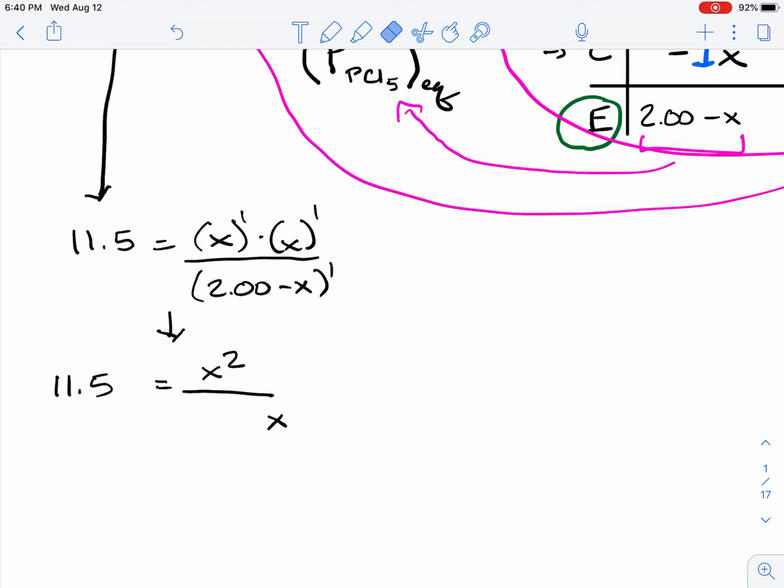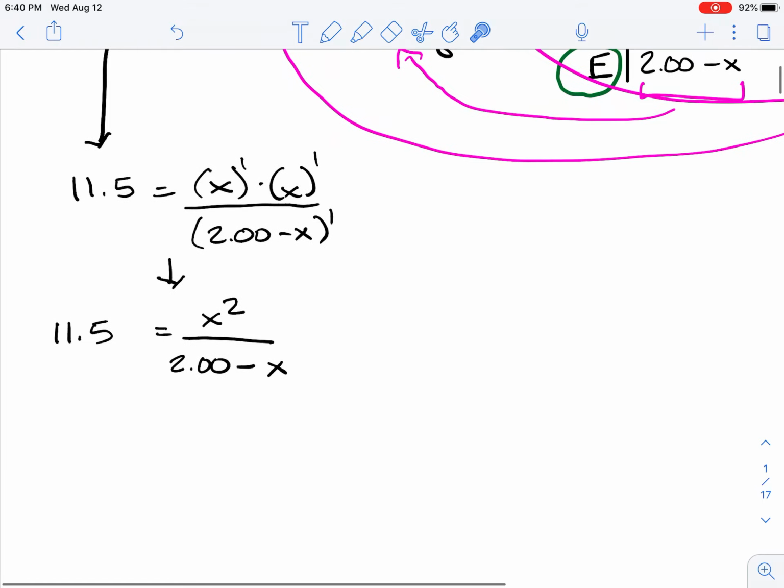Let me just reorganize that. So that's 2.00 minus x. All right, and so our goal mathematically is to solve for x. And so looking at the numerator and the denominator, notice that the numerator is raised to the power of 2, but the denominator is not. And so we cannot take the square root of both sides.